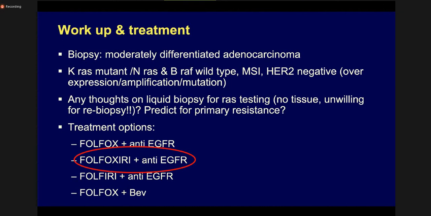So except for that small iota of doubt, what would be your real justification, Viraj, in a patient like this, minimally symptomatic, if you decided to go for FOLFOXIRI, considering all the toxicities, doubling of diarrhea, doubling of neutropenia, doubling of febrile neutropenia? Is it really worth it in a palliative setting? What is your justification there?